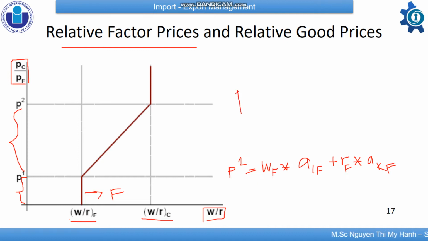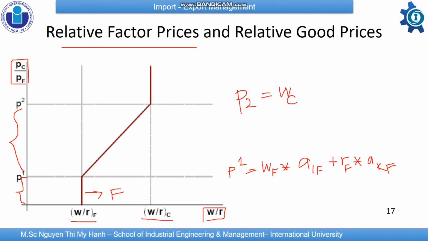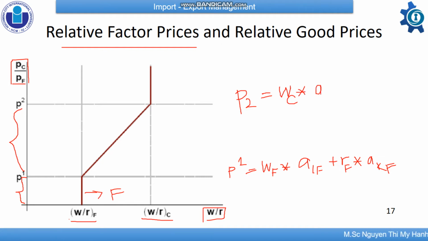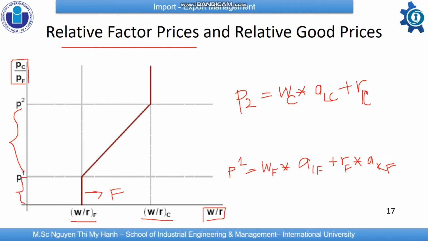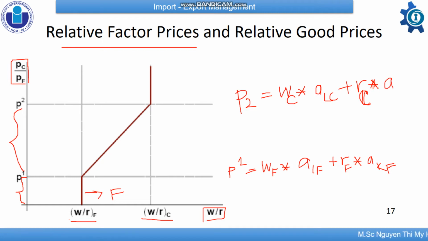And P2 here is equal to the wage rate in cloth production sector times the labor used to produce 1 meter of cloth plus the rental cost for the capital times the capital they use to produce 1 meter of cloth.